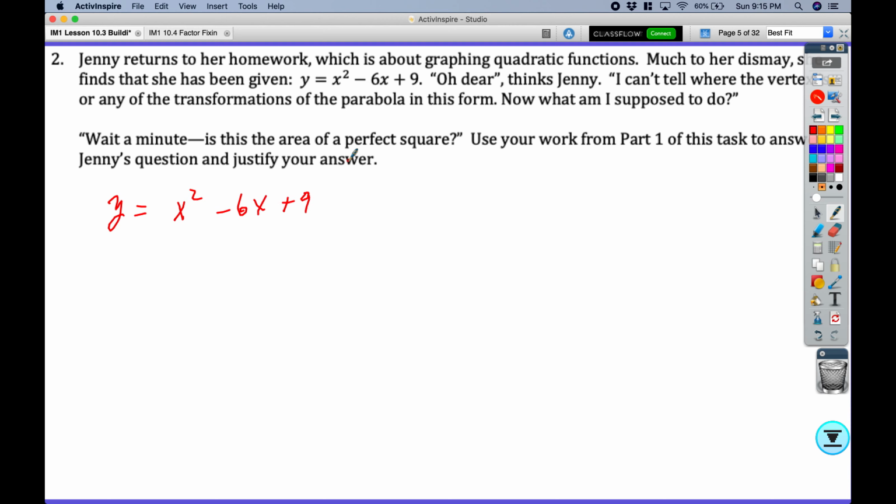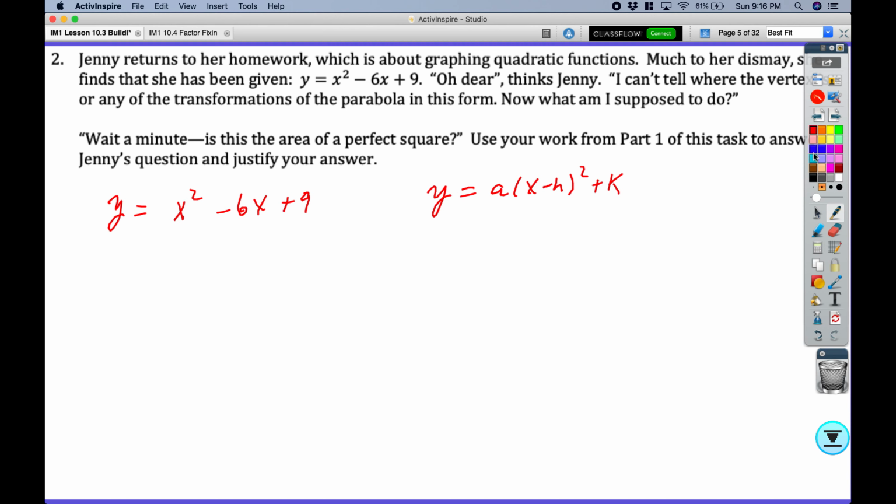And what you're going to be doing is saying, okay, how can I write this in vertex form? So y equals parentheses x minus h squared plus k. This is vertex form. Here you can't tell the vertex, you can't tell a lot. So what you can think about is there a way to convert this into this form? Okay, and there is. It's called completing the square.